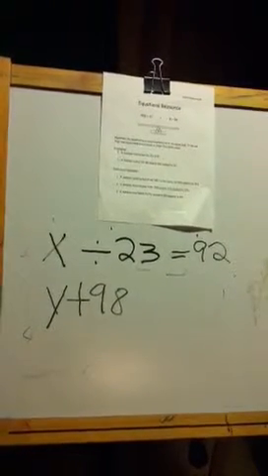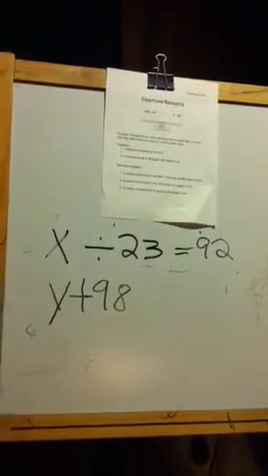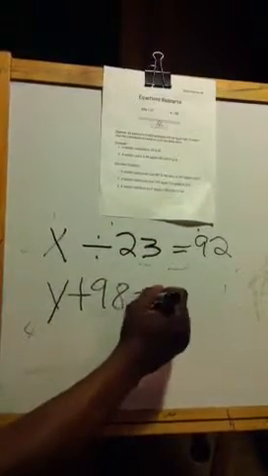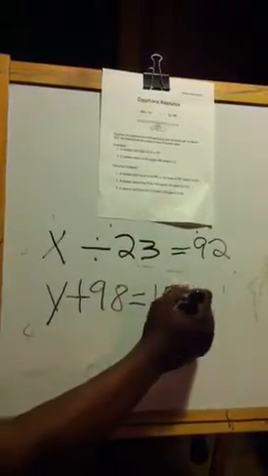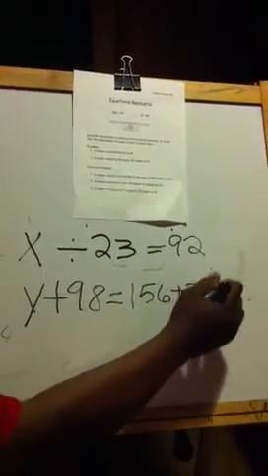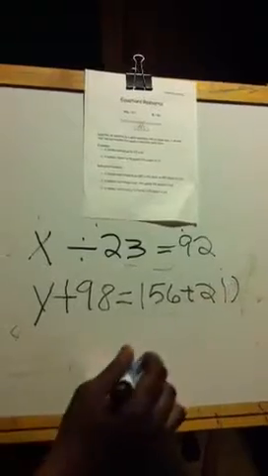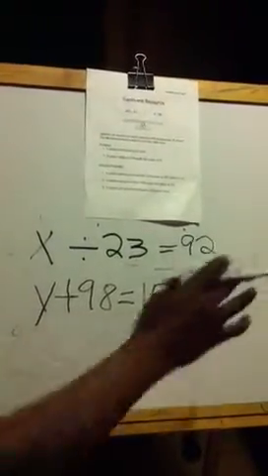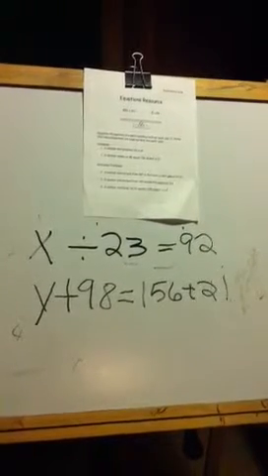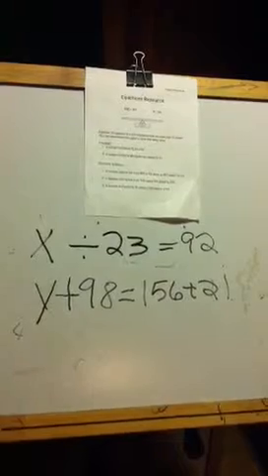Equals 156 added to 21. Equals 156 plus 21. This equation can be solved by adding the numbers to the right of the equal sign together and solving from there.